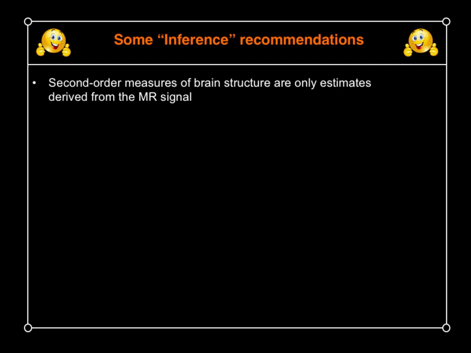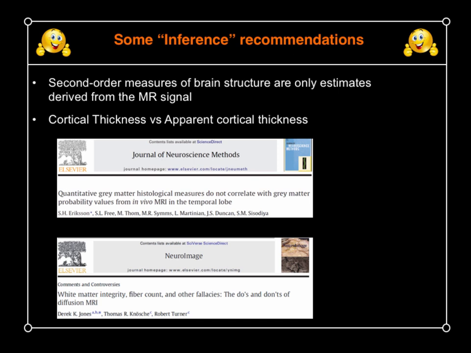We are assuming that this is telling us something about cortical thickness or white matter microstructure. But anything that changes the MR signal will change your cortical thickness and so on. That's one other thing you want to keep in mind. These are two papers that I find very useful to understand how to approach imaging brain changes.